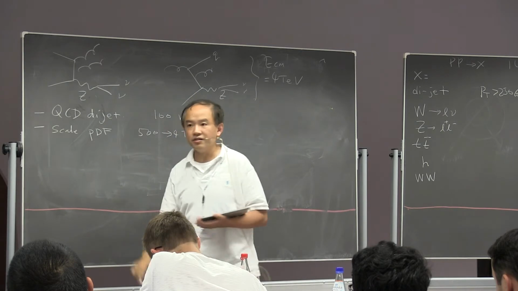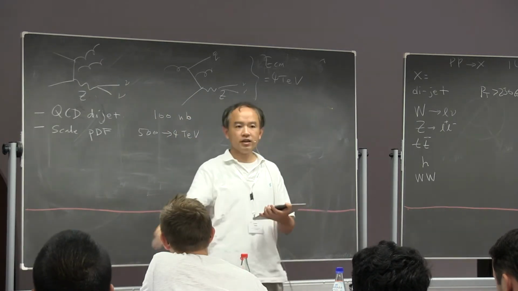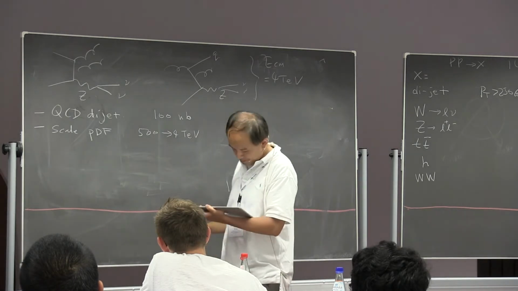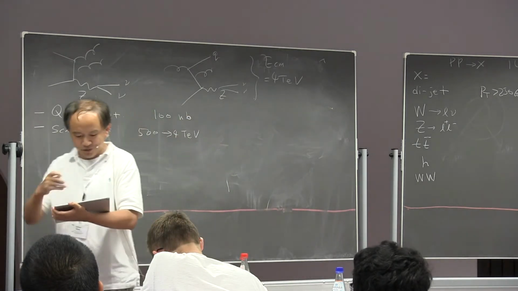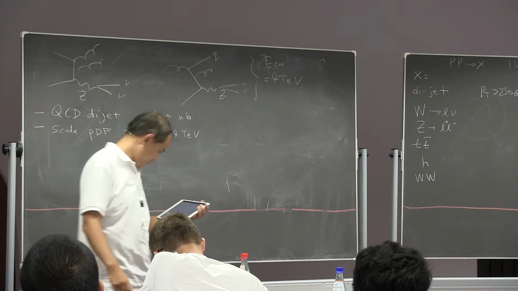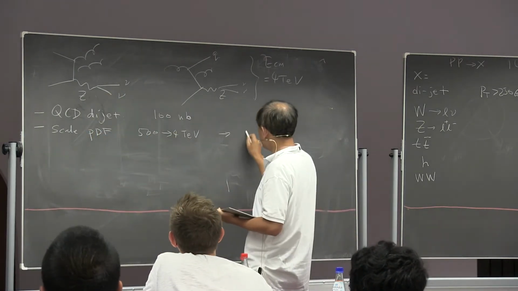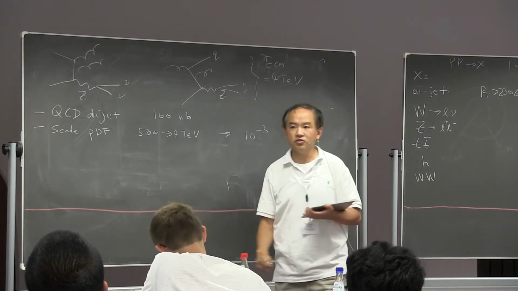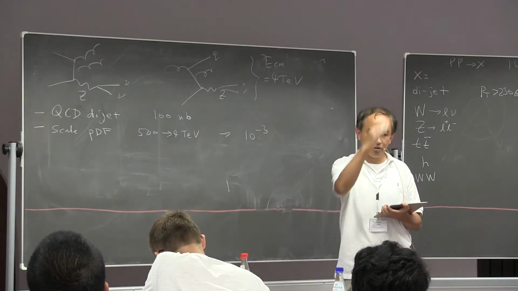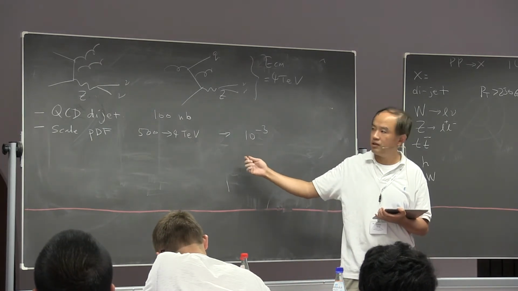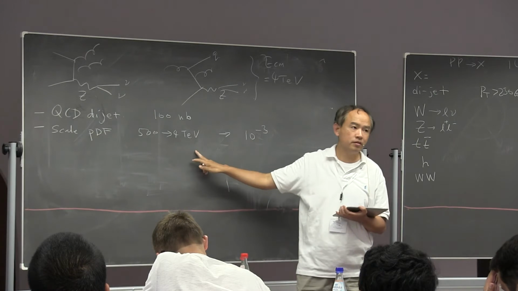I'm going to scale that using the parton luminosity scaling. If you look at the figure in my lecture notes, this is going to give you a factor of 10 to the minus 3. Your rate will fall by a factor of 1,000 going from this to that.